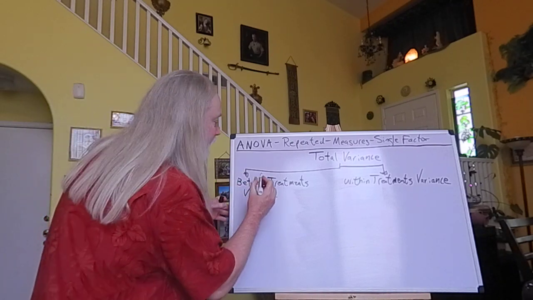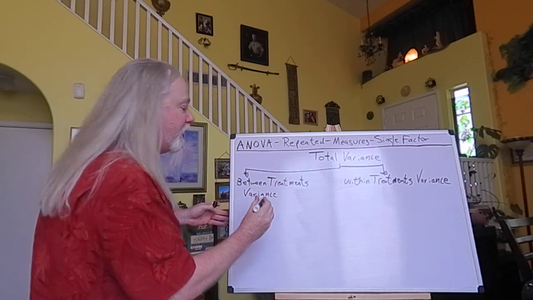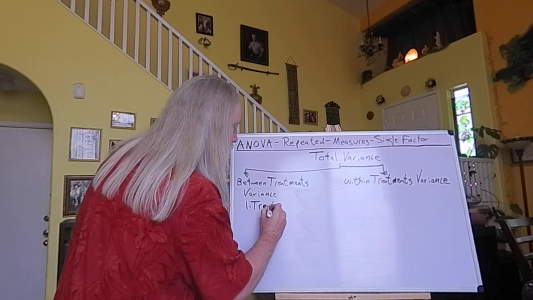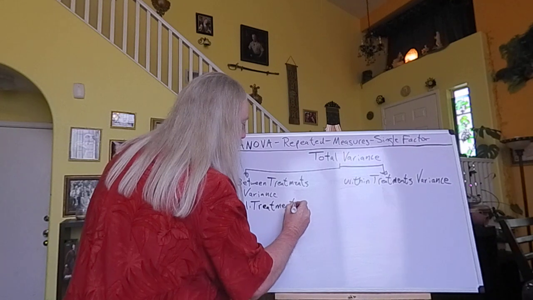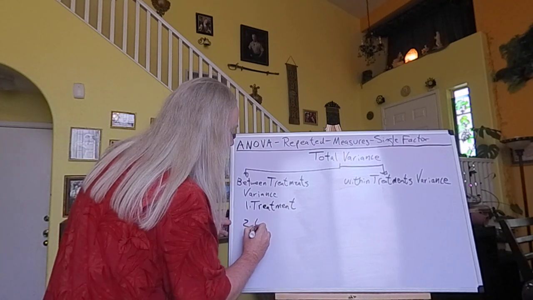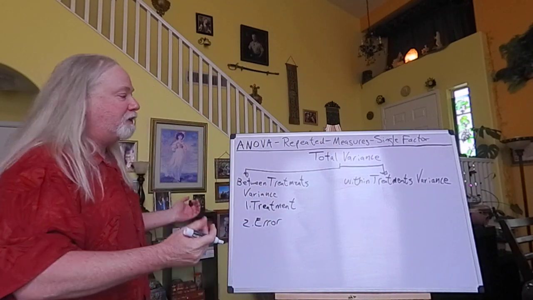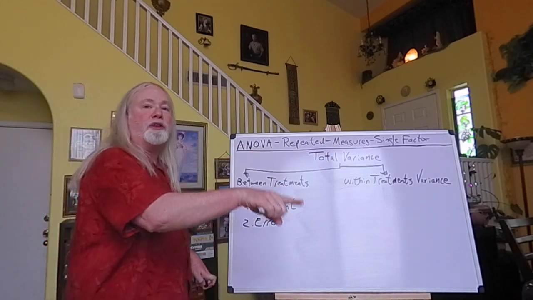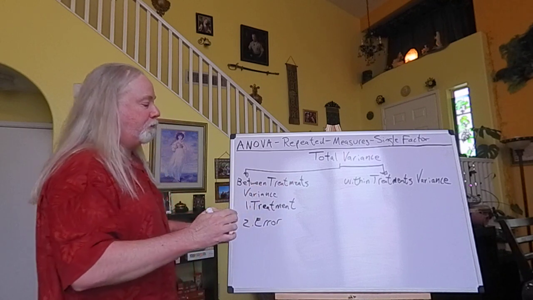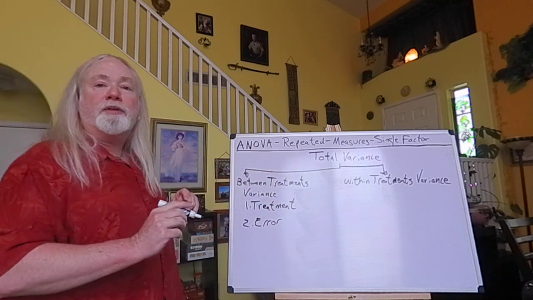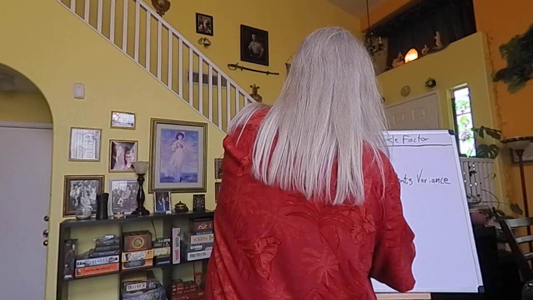So let's remind ourselves that when we're measuring our between treatments variance, part of what we're measuring is the treatment effect. And part of what we're measuring is just plain old error. Sampling error, measurement error, all kinds of things that account for the differences between the treatment conditions, between the treatment groups. That is still true. Our within treatments variance, remember, was just all error.